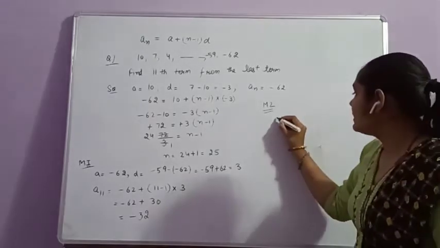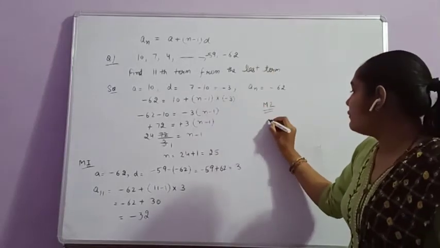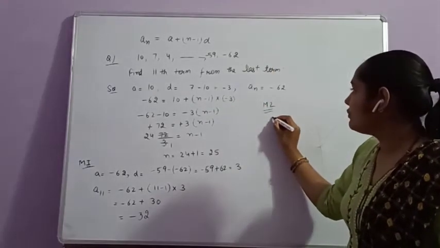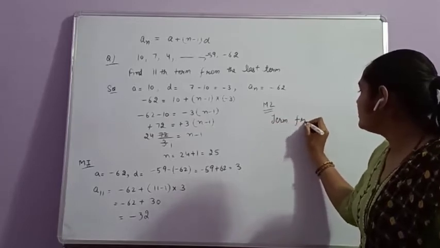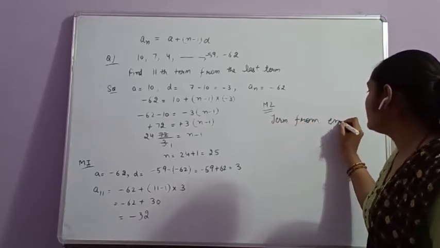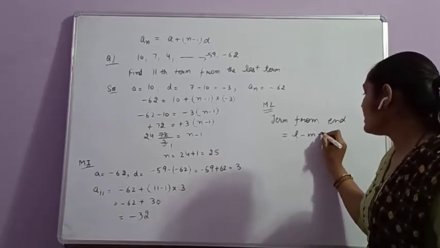That is the formula to find a term from the end: term from end is equal to L minus M plus 1.